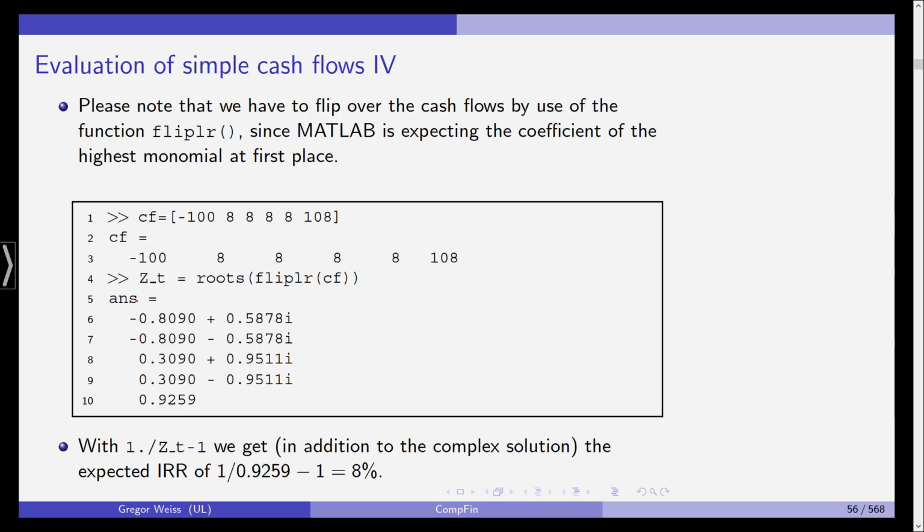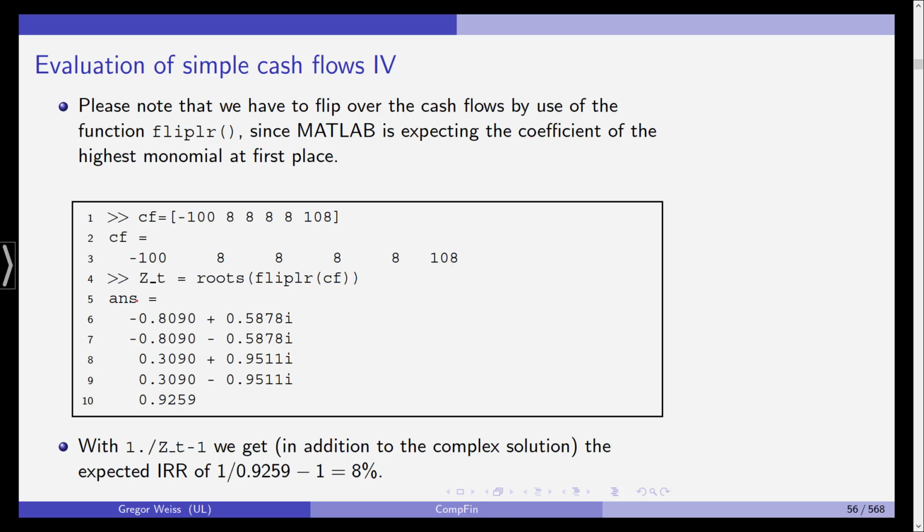So let's do this. Take the cash flows, minus 100, 8, 8, 8, 8, 108, and we calculate the roots of this. zt equals roots of, we have to flip it from left to right, because polynomials in Matlab always start with the monomial of the highest order, so x taken to the power of 8, for example.